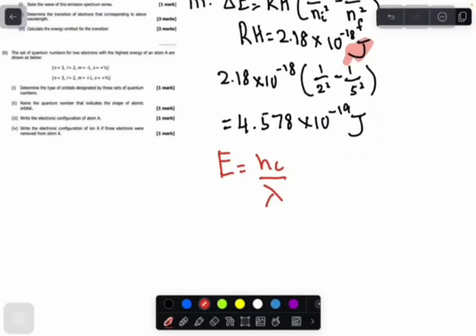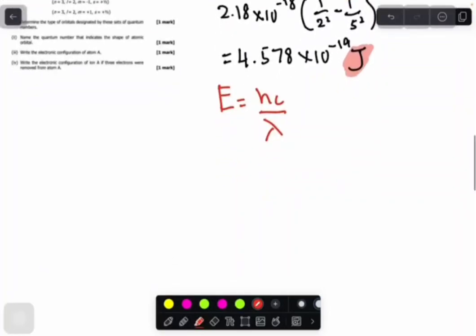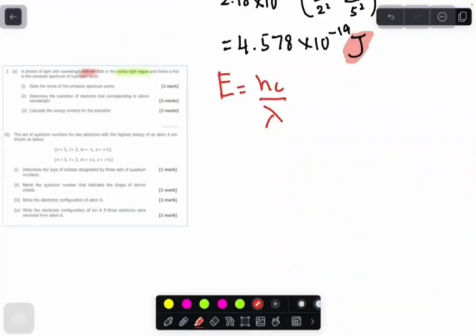So there's two formulas to this. Use whichever formula you prefer, but do not forget to write joules. Very important, guys. Most of you all forget to write joules. Even I forget to write joules, I'll be honest, and you guys are going to lose marks for that. So that's all for question 2a.